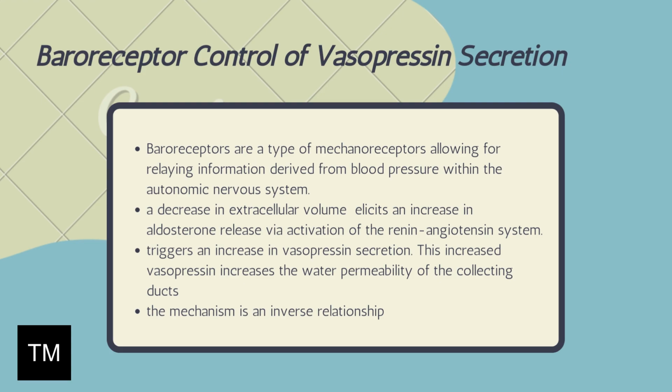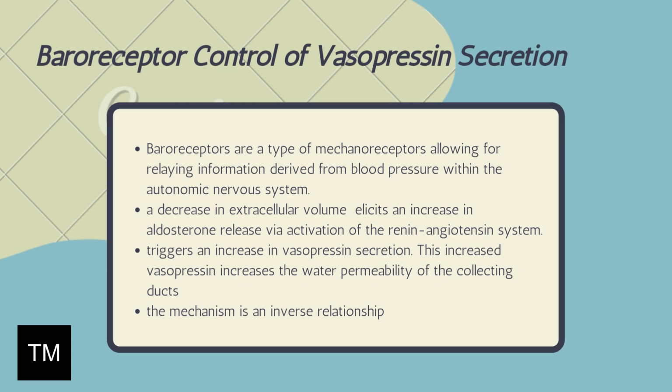Vasopressin is a nonapeptide synthesized in the hypothalamus. This plays an essential role in the control of the body's osmotic balance, blood pressure regulation, and kidney functioning, as well as sodium homeostasis. A decreased extracellular fluid volume elicits an increase in aldosterone release via activation of the renin-angiotensin system.